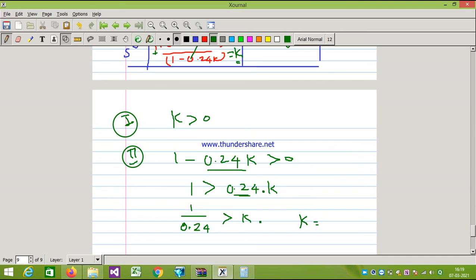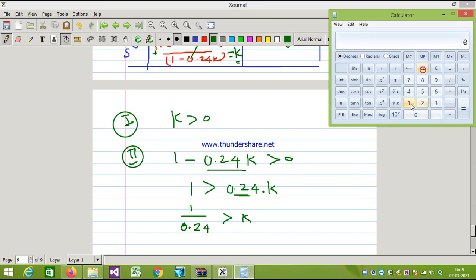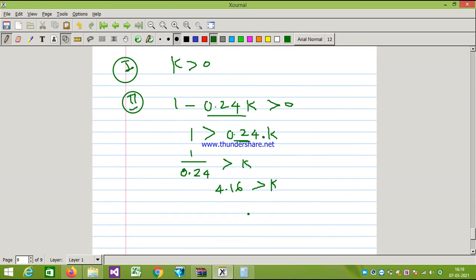K is equal to 1 upon 0.24. So 1 upon 0.24, what is that? 1 divided by 0.24 is 4.16. So K is less than 4.16. What does that mean? K should be greater than 0, and it should be less than 4.16. So here we get K.